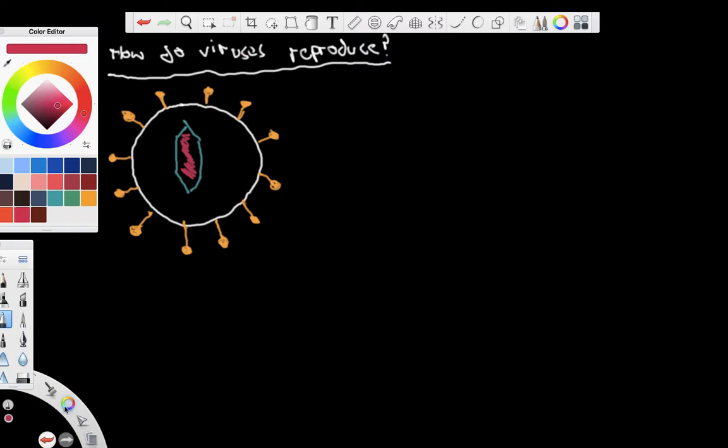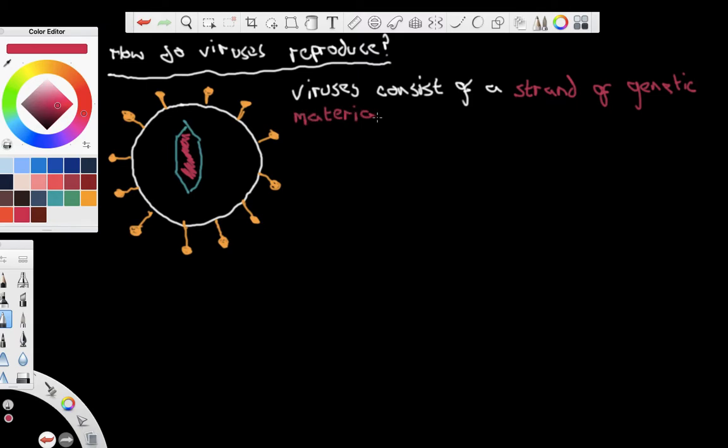So we can start by saying that viruses consist of a strand of genetic material, and because I've matched the colour, that's this bit here inside this blue sort of diamond shape.